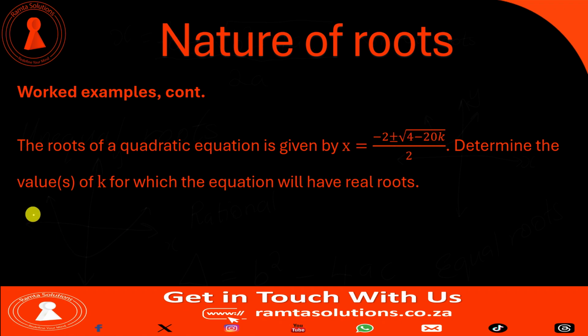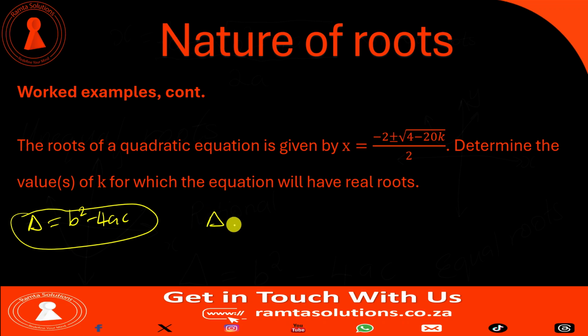Basically, the discriminant is b squared minus 4ac. Guys, this you know, right? But in this case, our discriminant is whatever is under the square root, 4 minus 20k. Now highlight this. They say for which the equation will have real roots. For it to have real roots, it means the discriminant must be greater than or equal to 0.